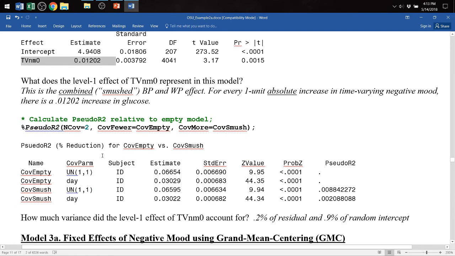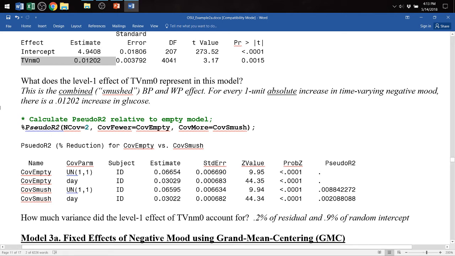So when you're reading people's papers or tutorials, there are 2 dead giveaways that you can tell when someone has smushed something, and therefore you should be skeptical of whatever they're telling you. Number 1 is when you see a table of results in which the same variable is not mentioned both at level 2 and level 1.